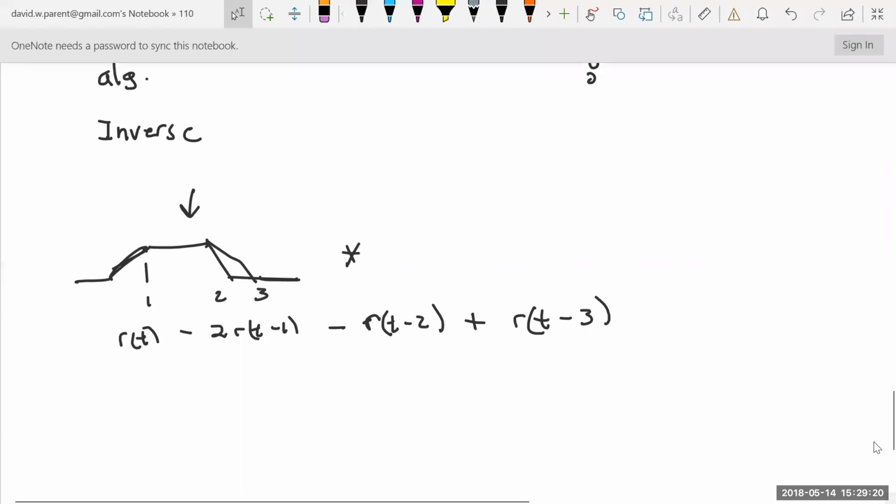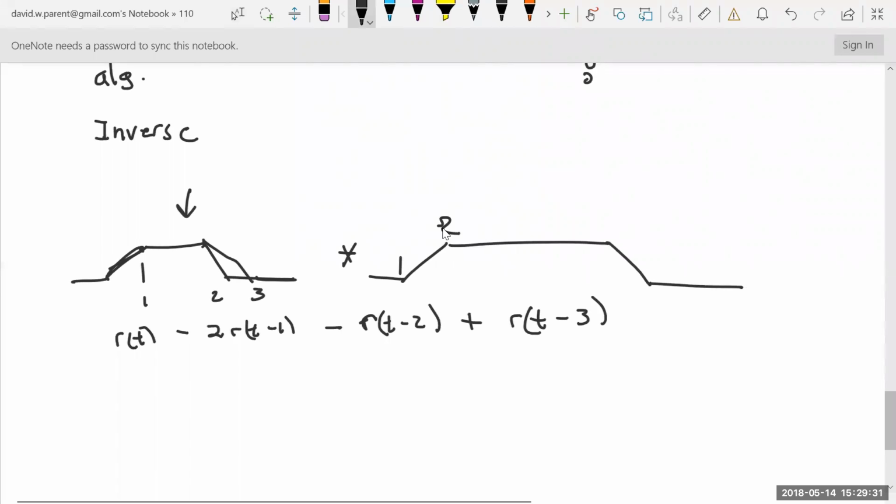Well, what are we convolving it with? If we convolve it with this shape, 1 bend, 2 bends, 3, 4, right? So I'm going to multiply 4 things times 4 things, then take the inverse Laplace transform.